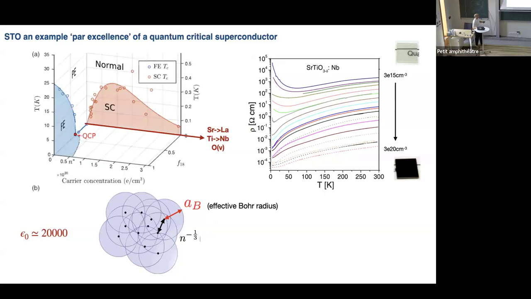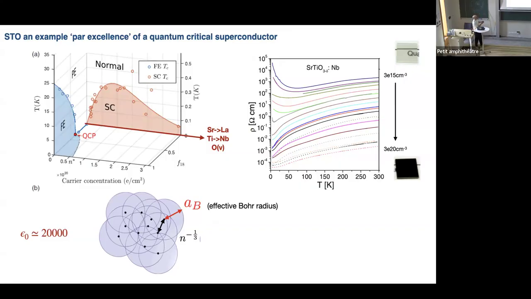Okay, so now, as I said before, the fact that you have an extremely large dielectric constant has a lot of implications. The first one is that it is a system that you can easily turn into a metal, and the basic reason is the Bohr radius is extremely high. So that means that a tiny amount of impurity in your system will turn your system into a metal.